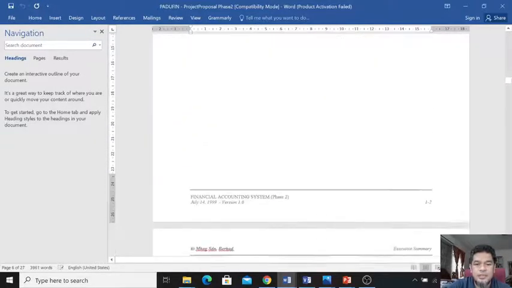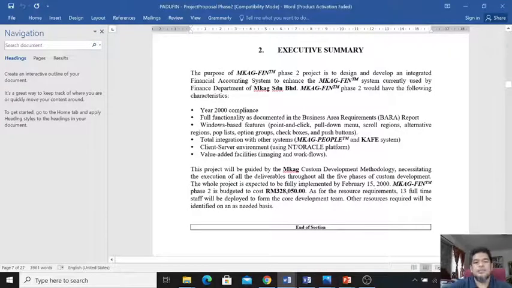But the executive summary summarizes the contents of the report in a meaningful manner. Meaningful manner means that when you read it, you know what is going on in the report and the system to be developed. So this is an example. You know the purpose of the system.